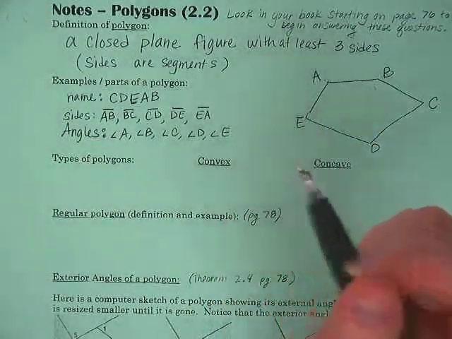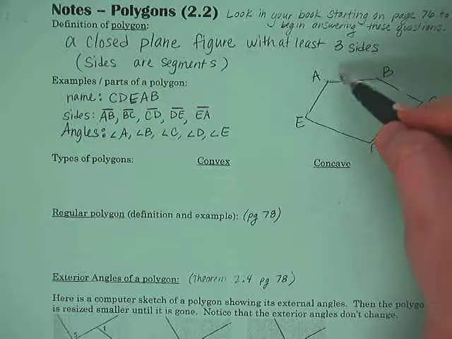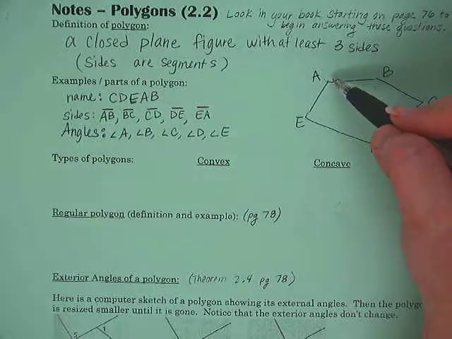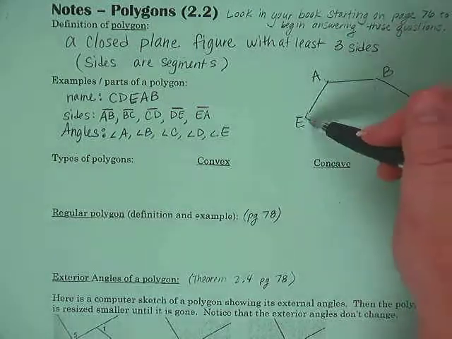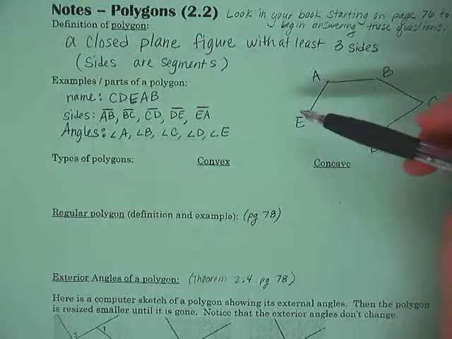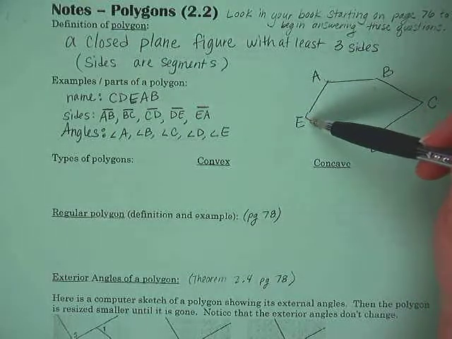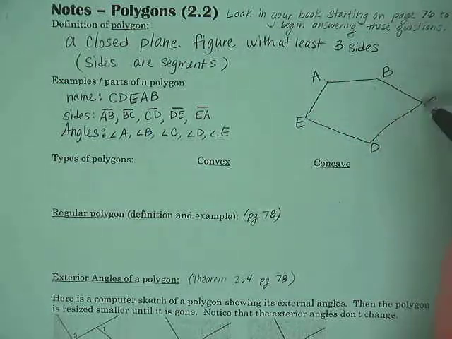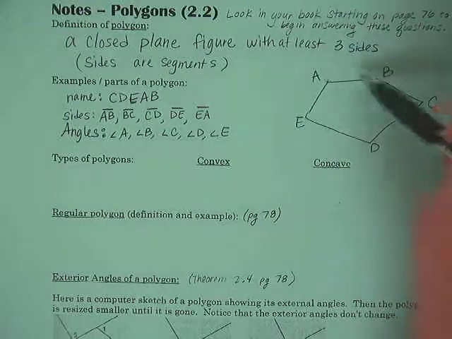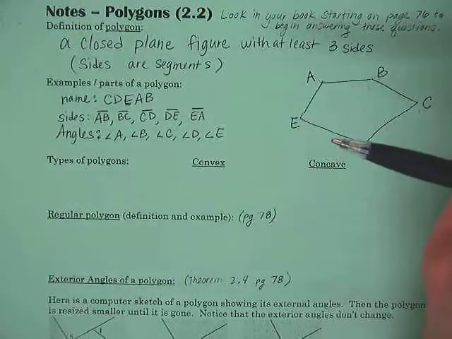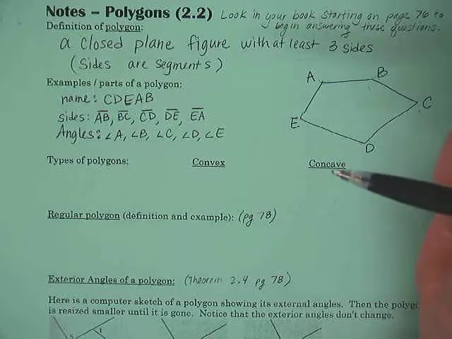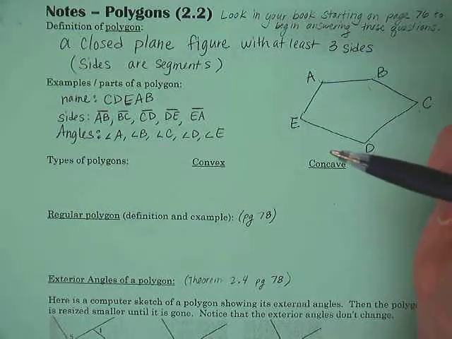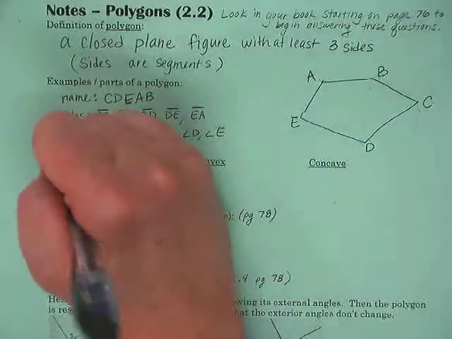This way always seems to throw people when we name angles this other way. AED. Which angle would that actually be? Angle E, correct? Do you guys remember that way of naming angles where you can use 3 letters like AED and EDC and DCB and CBA and DAE? Don't forget that there's that way of naming angles.